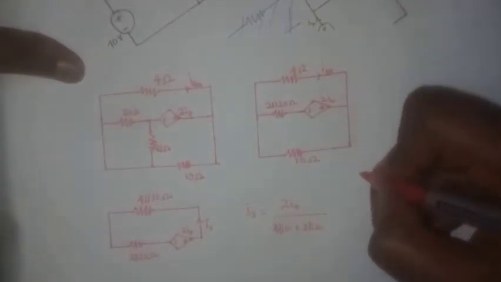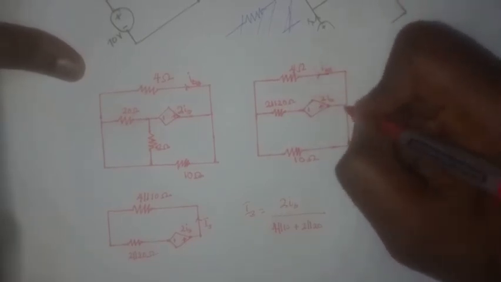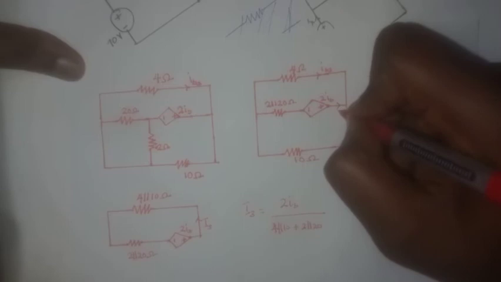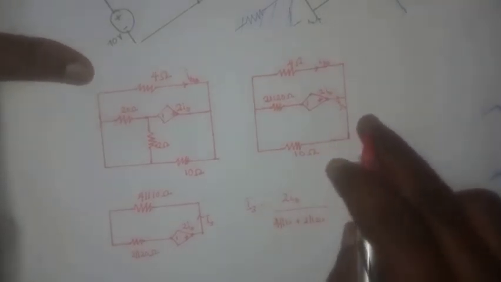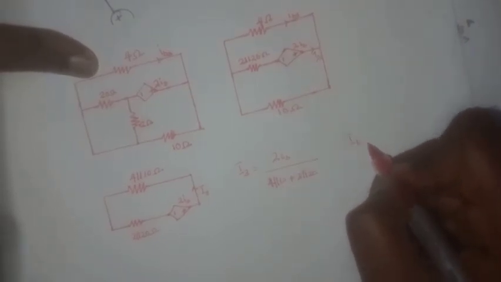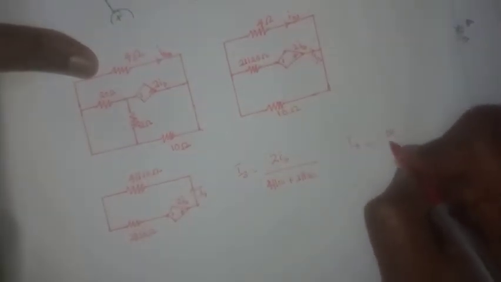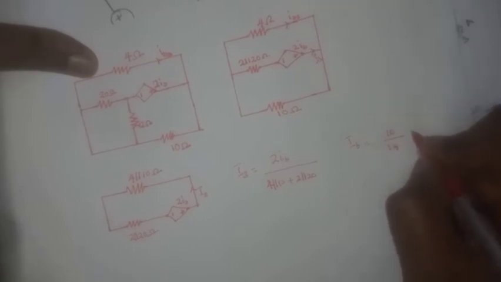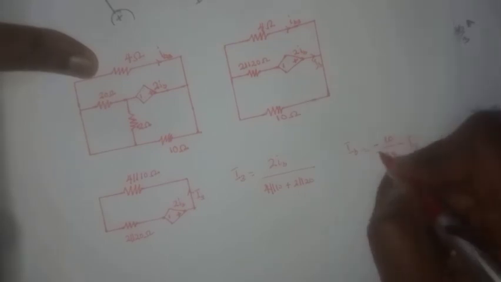We can then proceed to use a current divider here to find the value of IB3. We know that this is I3 and this would be IB3, so IB3 is 10 over 14 I3. Since they are flowing in opposite directions, this will be negative.